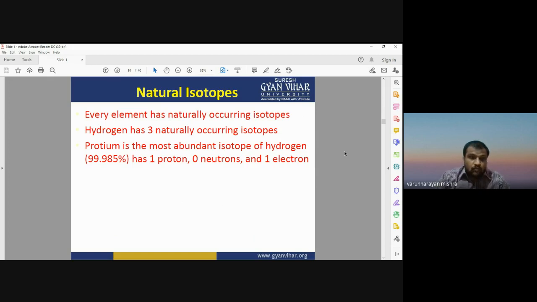Out of all 3 isotopes of hydrogen, protium is the most widely abundant, having only 1 proton and 1 electron. Since it has 1 proton, its atomic number is 1. The number of protons in an element is the atomic number of that element. So this has atomic number 1.